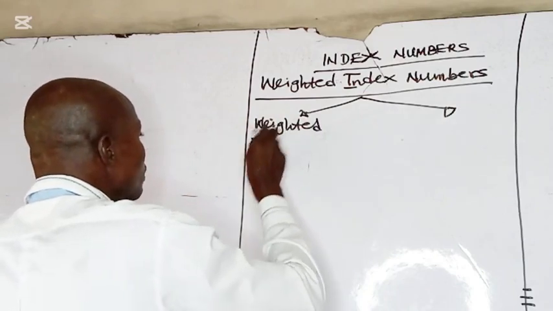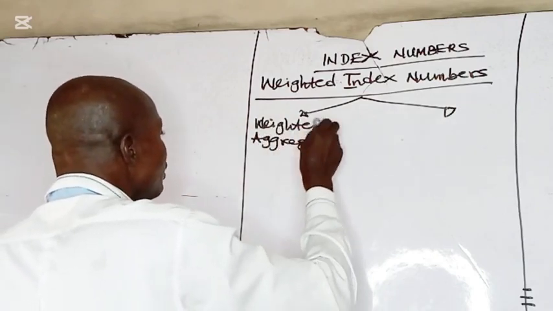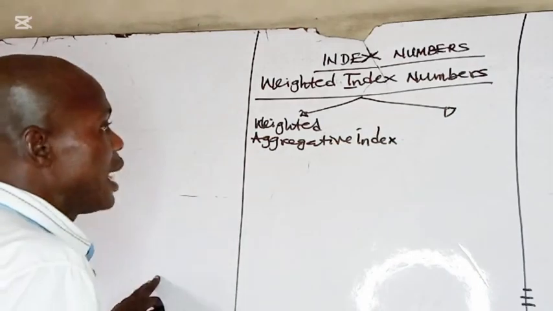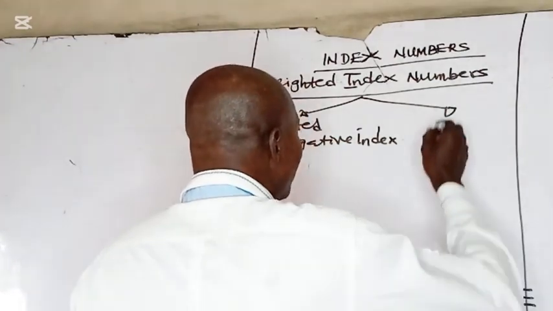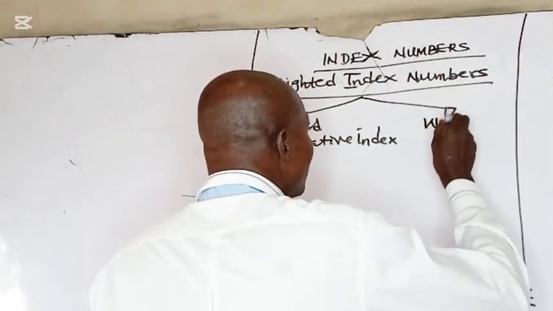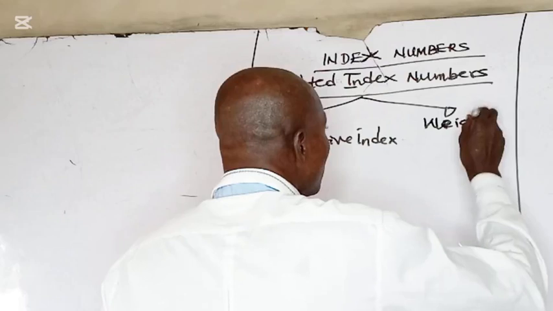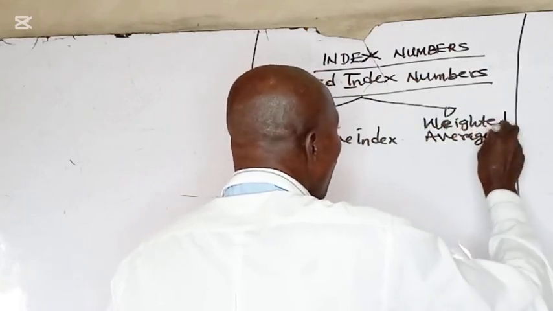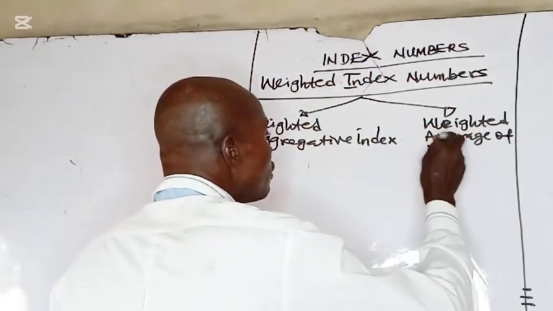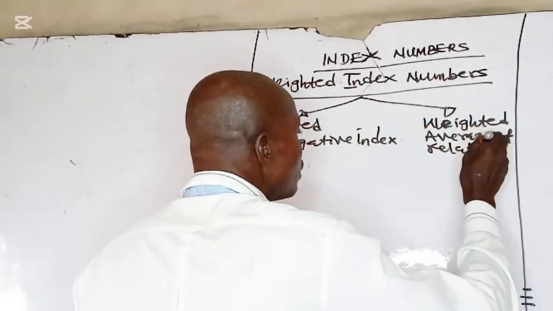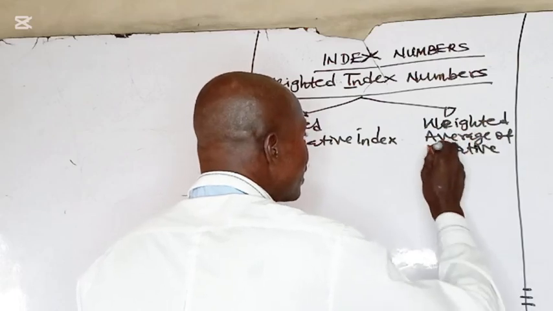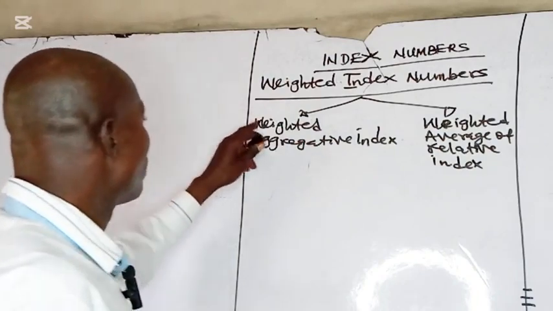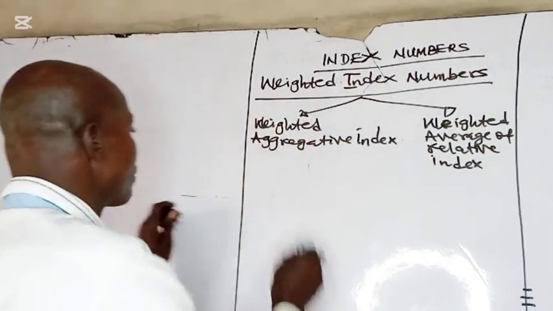Then we also have weighted average of relative index. So I will be starting with the first one, which is weighted aggregative index.